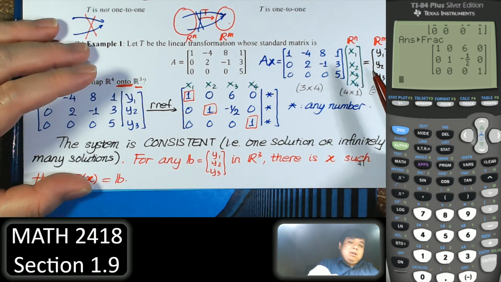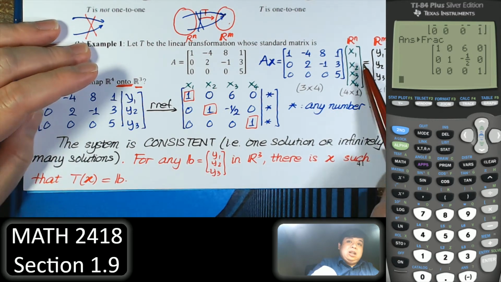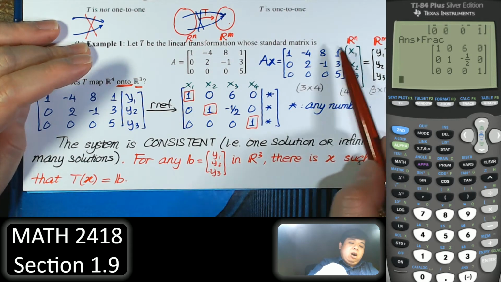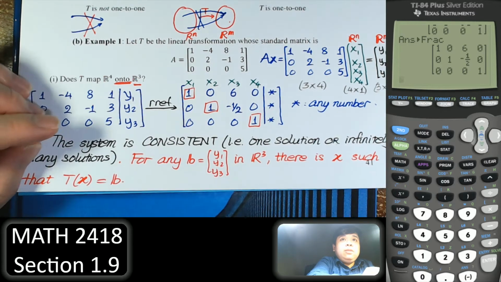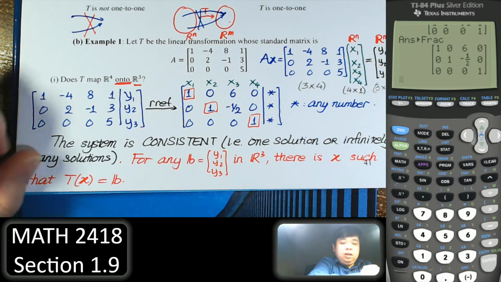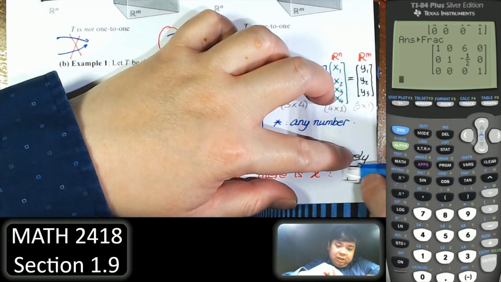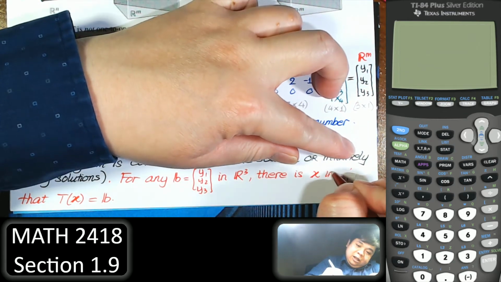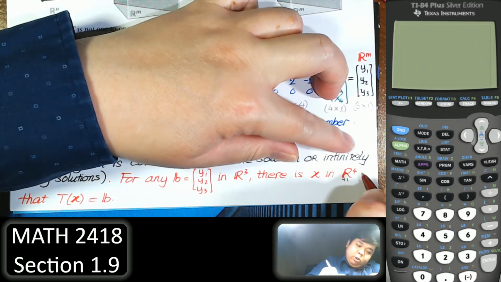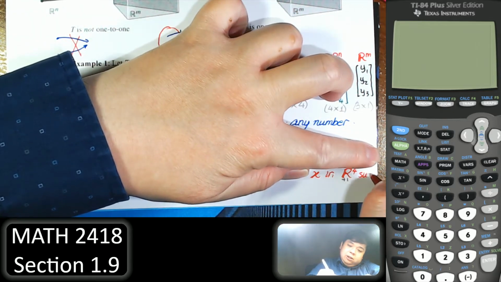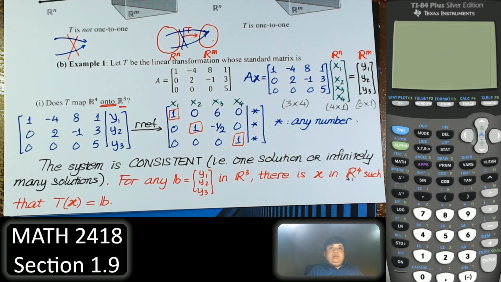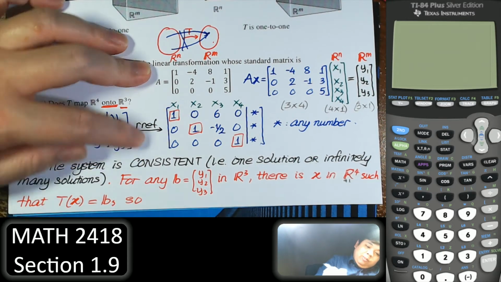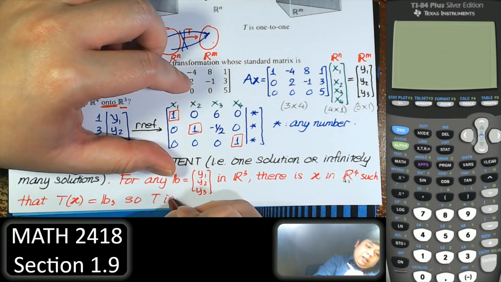So that means every point here is an image of a point in R4. Let's be more precise. There is x in R4 such that Tx equals b. So T is onto.